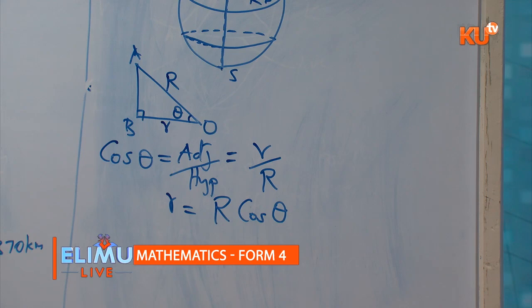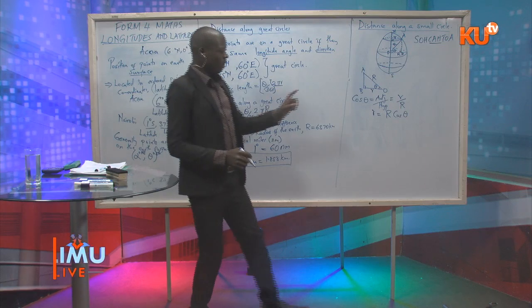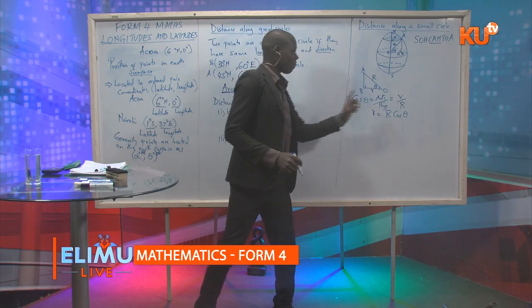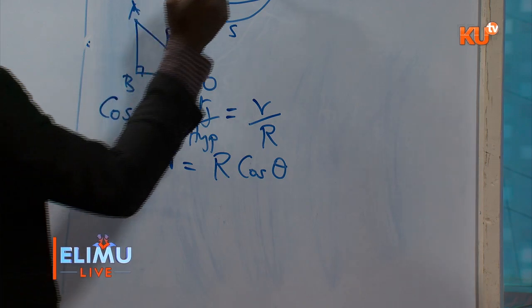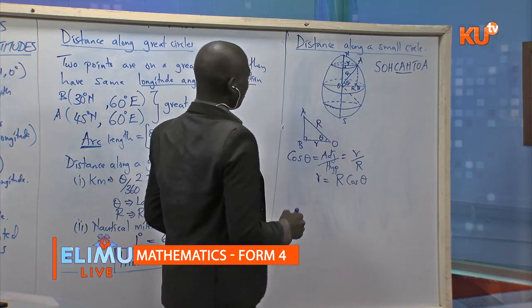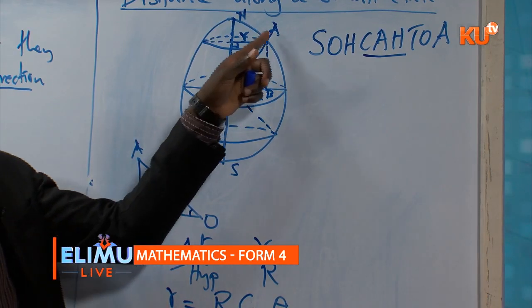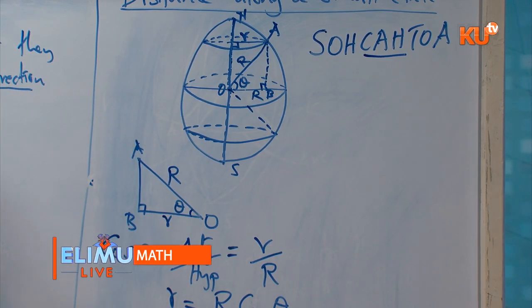So it means the radius of a small circle on the Earth's surface is given by R, which is the radius of the Earth that we know is 6370, times cos theta. And so what is this theta? That is what we need to understand. So we have to look at the location of the points. This theta, as you can see, is defining A. And what is A? A is a latitude. It's a small circle.